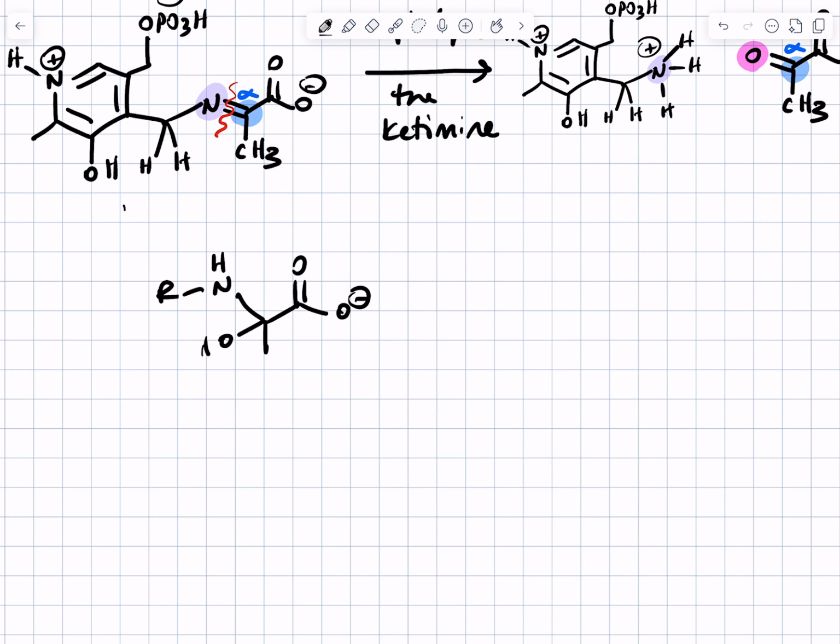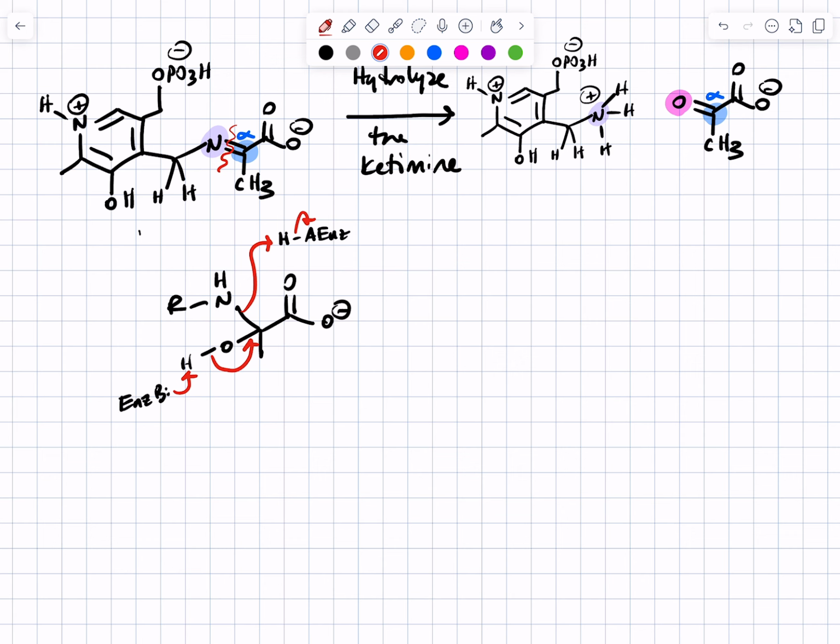And what will basically happen from this intermediate is a base from the enzyme will remove the proton. Electrons will kick down. The nitrogen will leave. And on its way out, it picks up a proton from an acid group. That's not all of the mechanism, that's part of it, but that shows you why it's the double bond that's broken.